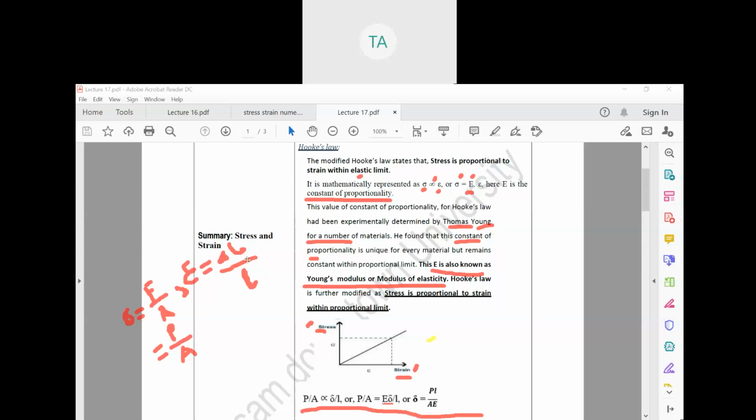हाँ. So this is del L by L. So stress and strain are these two, right? According to Hooke's law, stress is proportional to strain.